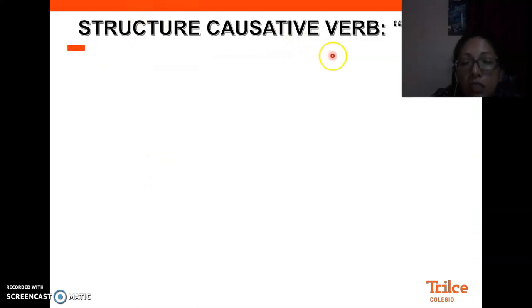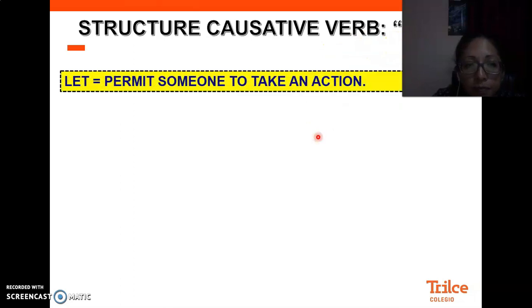A structured causative verb with let. Let permits someone to take an action, to give permission to somebody else to do something.